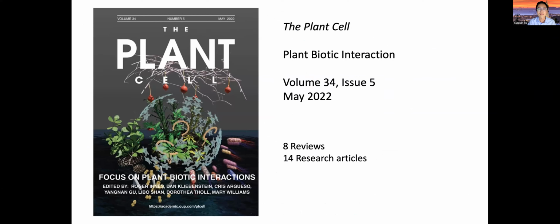I'm one of the Plant Cell editors who also participated in organizing this focus issue for Plant Biotic Interactions.